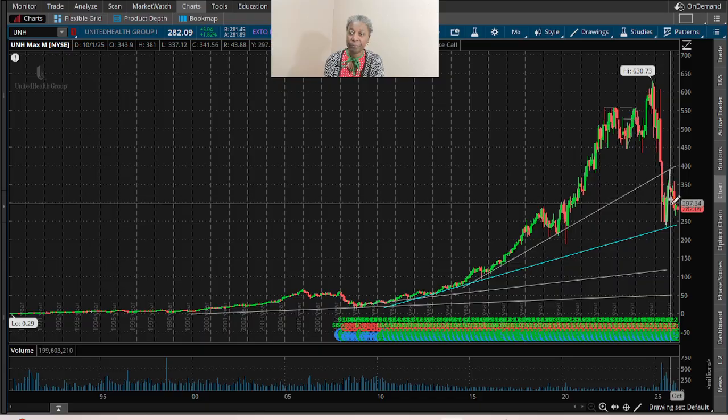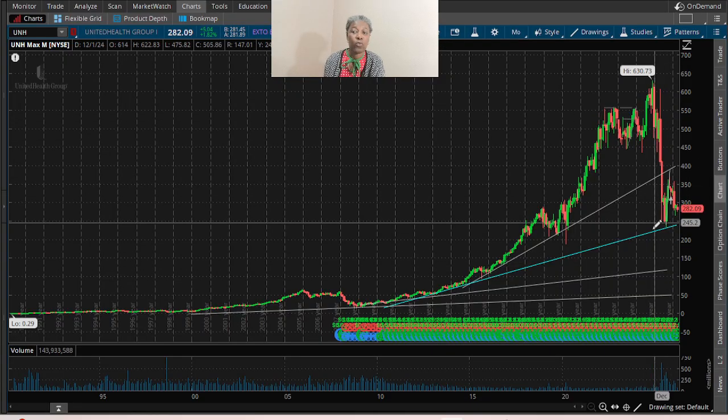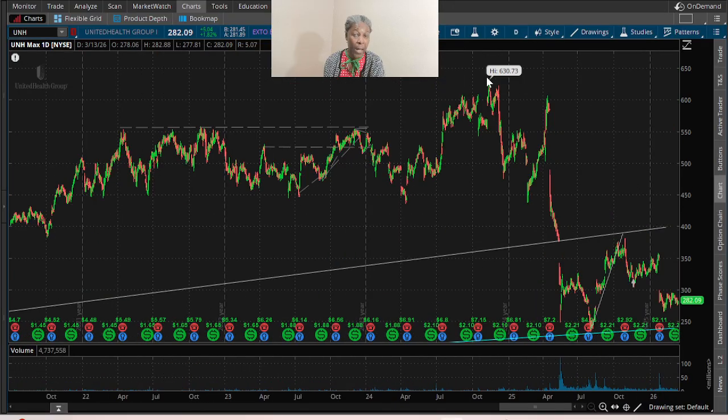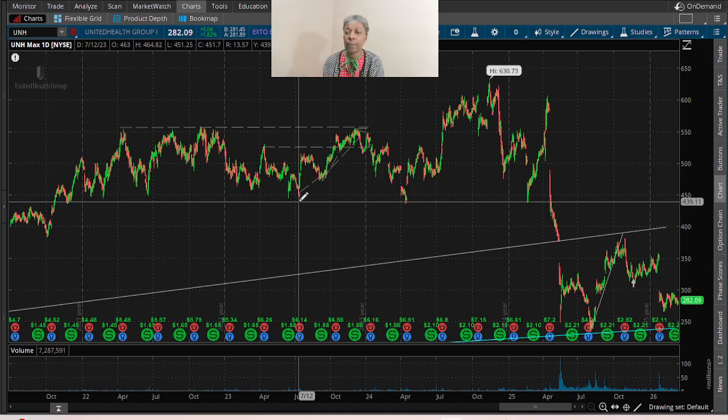Because again, it's close to the valley line, and that's the way I view it. I don't view it like a loss. I just view it like more opportunity to buy more shares at a lower price, because of the nature of the stocks that I'm buying. They are large cap stocks, growth stocks.